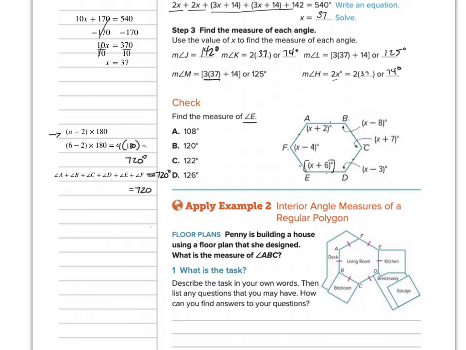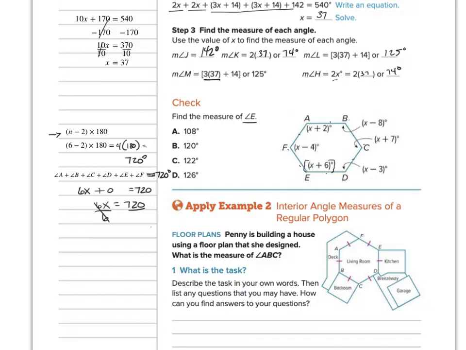So all of my variables add up to 6x, and now my numbers. 7 minus 3 is 4. 4 plus 6 is 10. 10 minus 4 is 6. 6 plus 2 is 8. 8 minus 8 is 0. So it turns out that 6x plus 0 is equal to that, so 6x equals 720.